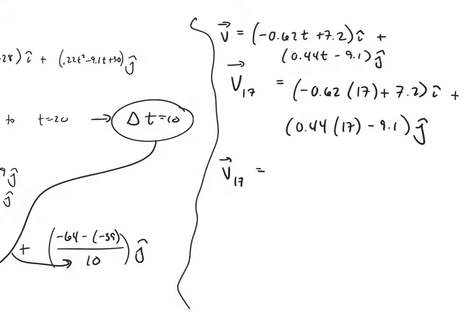What does that become? Negative 0.62 times 17 plus 7.2. What do we get for the i component? Thank you for those who are actually doing it. Negative 3.34. Okay, and somebody else for the j component. Negative 1.62 j.